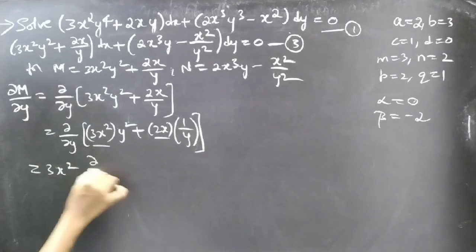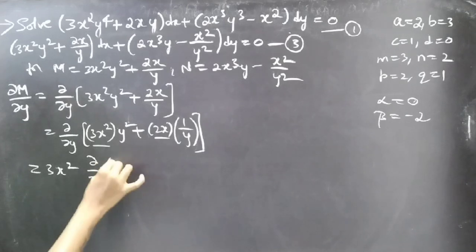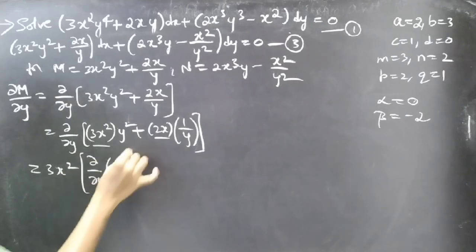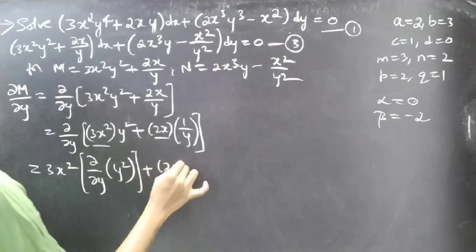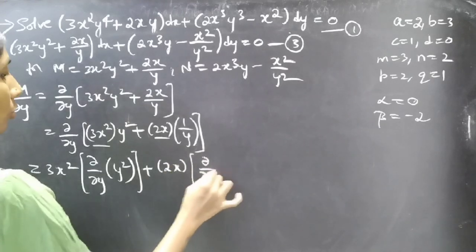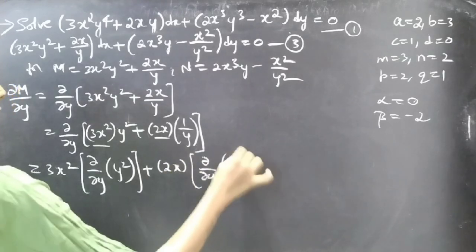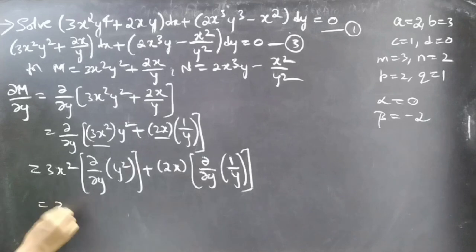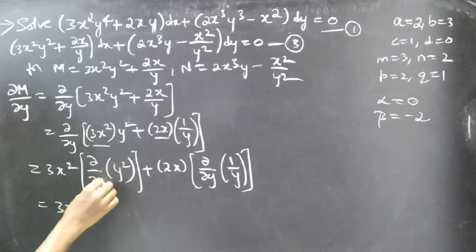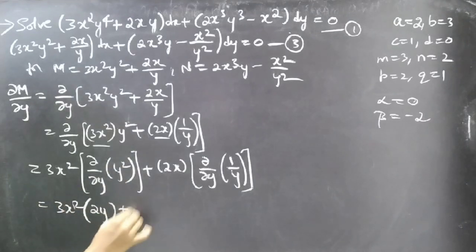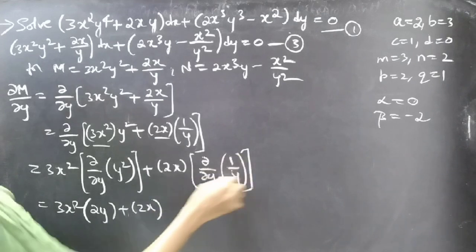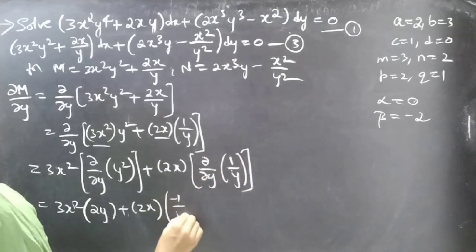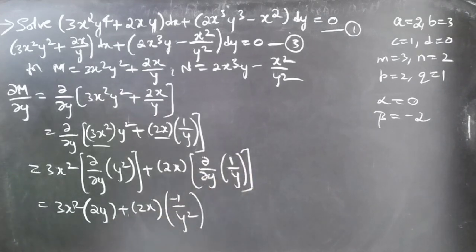So we can write this as constant into partial derivative of y square with respect to y plus constant into partial derivative of 1 by y with respect to y, which gives us 3x square into partial derivative of y square with respect to y is 2y plus 2x into partial derivative of 1 by y with respect to y is minus 1 by y square, which gives us 6x square y minus 2x by y square.